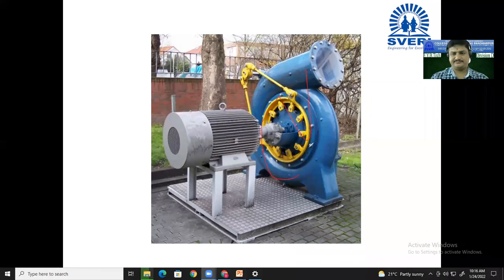Can you see it? Yes, sir. Okay, so this is the inlet. And here you can see a pipe. Sorry, not a pump, a pipe is provided over here. Can you see it?